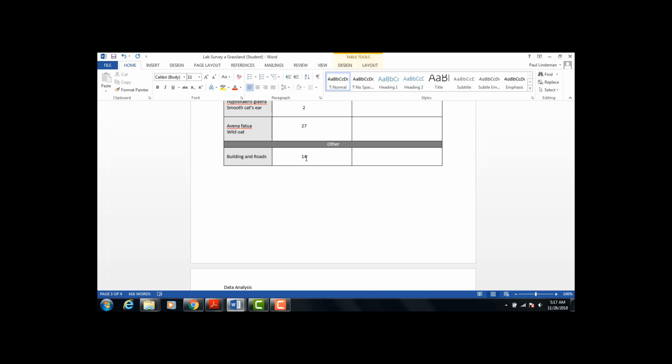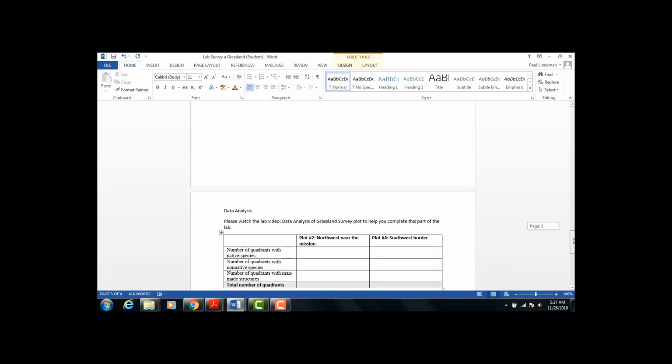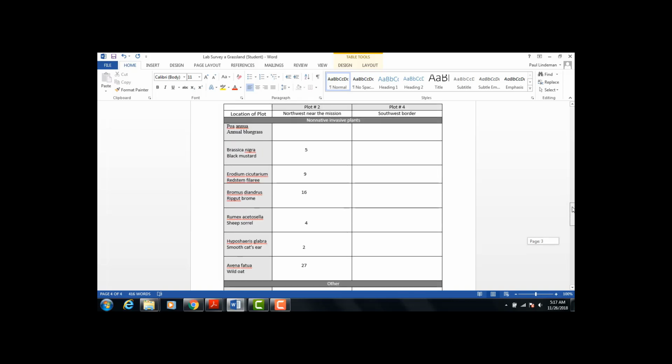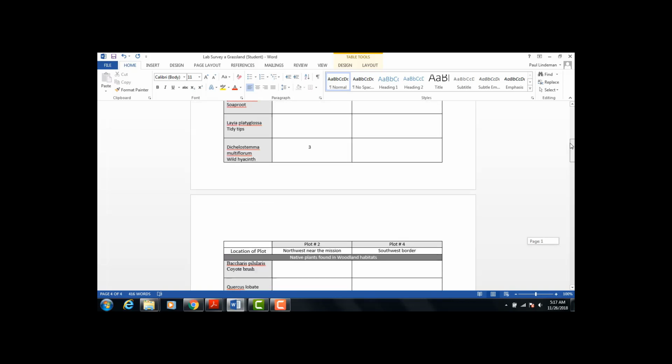So once we have all that information, you would go ahead and go to your data analysis, which is down here, and you record. So first thing you would do is record the number of native species. So you just go back to your data and you would add up the number of native species that you have.